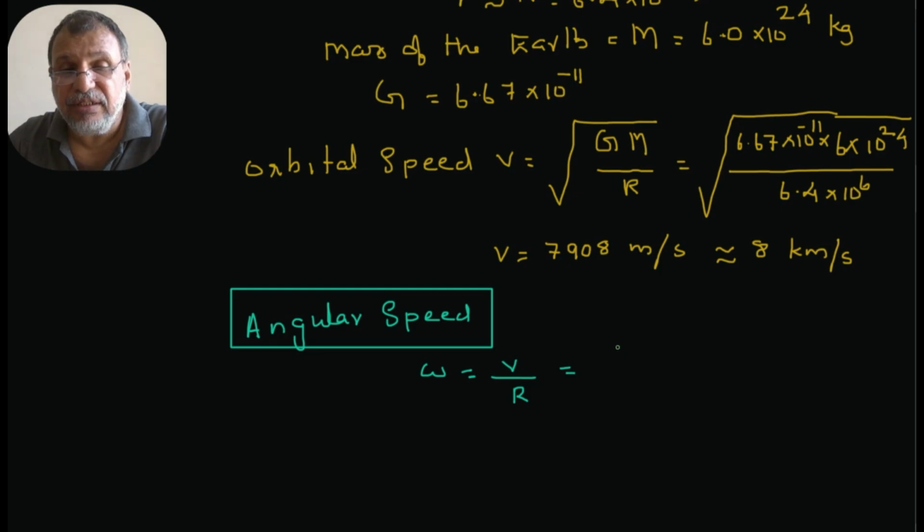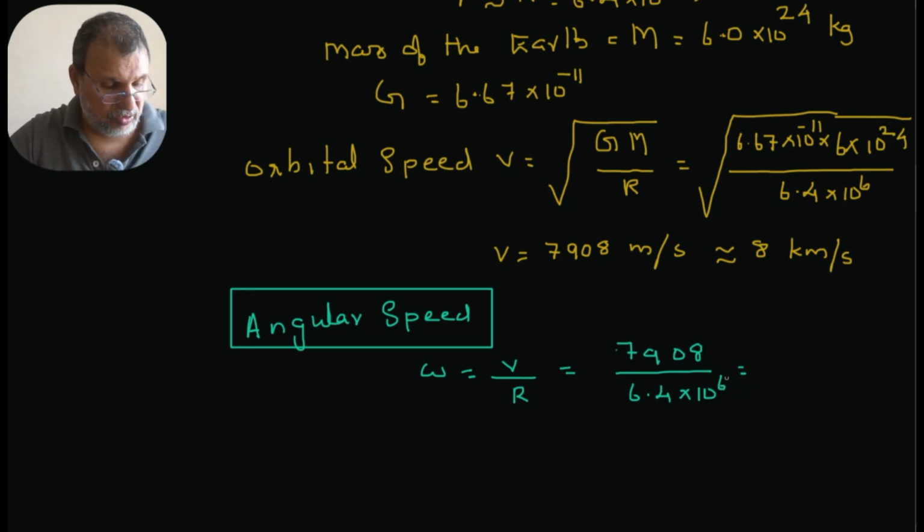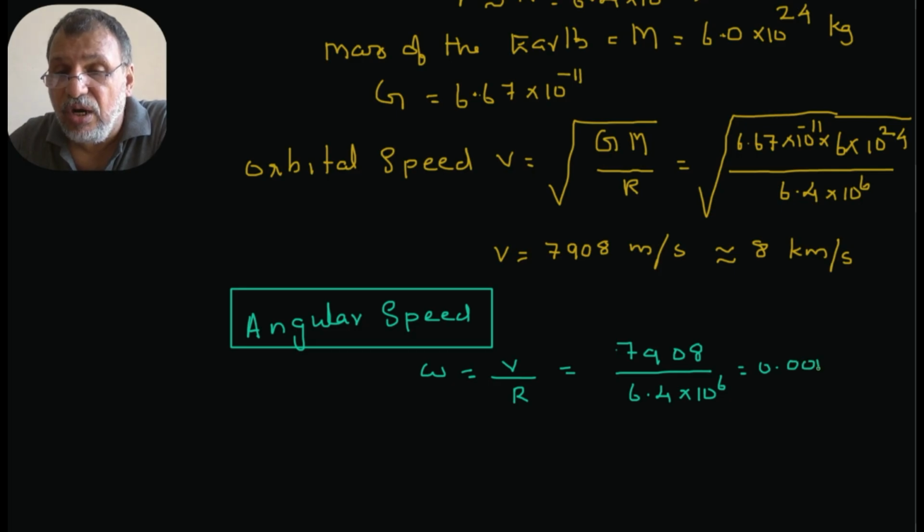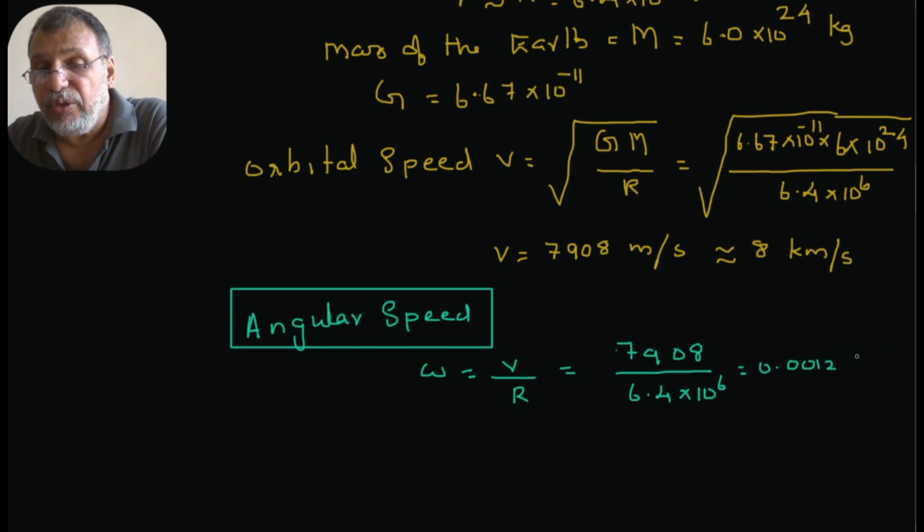So we can just write the expression: 7908 meters per second divided by the radius of the Earth, 6.4 times 10 to the power 6 meters. When I worked this out, I got the value 0.0012. The unit will be radians per second.